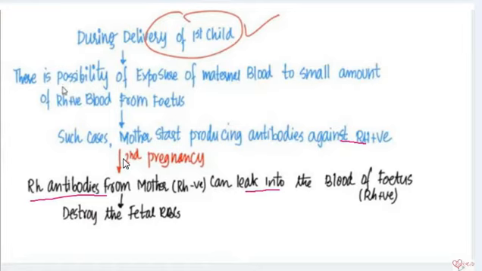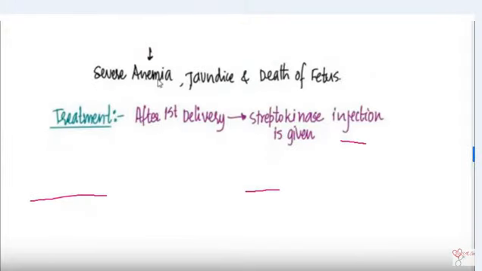Because the fetal RBCs are destroyed, the fetus will suffer from severe anemia, jaundice, and sometimes it also causes death of the fetus. These are the clinical features of this blood group incompatibility.